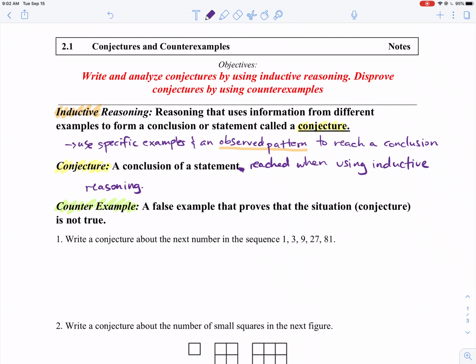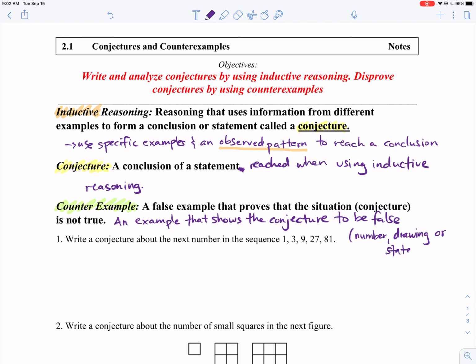I don't really like that definition very much, so I'm going to say it is an example that shows the conjecture to be false. There are quite a few different ways you could do it. It could be a number, it could be a drawing, or it could be a statement, just to give you a few examples. Those are our 3 vocab words for this section.